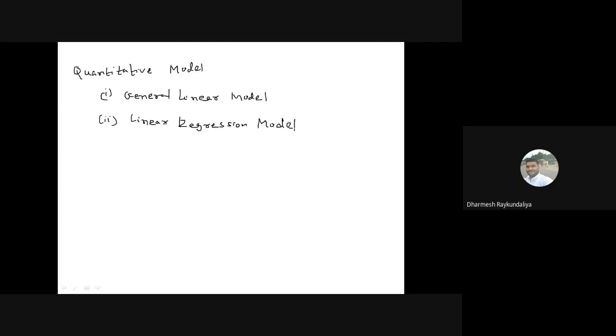Okay, so two quantitative models we are going to discuss: one is general linear models and the second one is linear regression models, in semester 2. But when you come to semester 3, we will study the qualitative models.